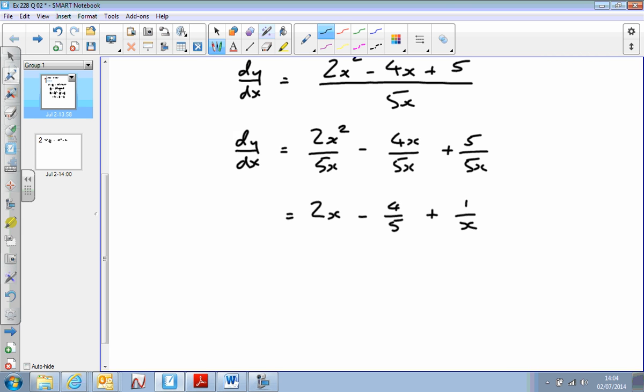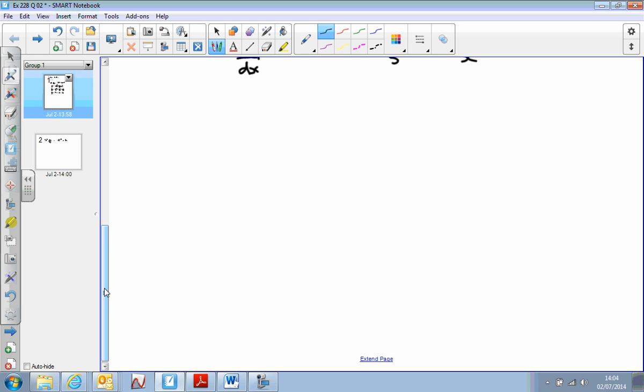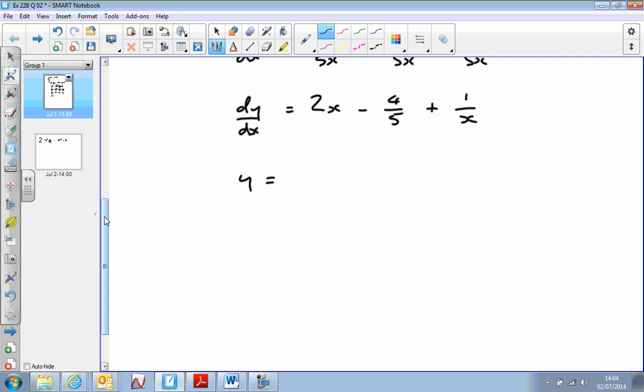So now I'm in a position where I can integrate both sides, integrate the left hand side with respect to y and the right hand side with respect to x. So y equals integral of 2x minus 4/5 plus 1 over x dx.